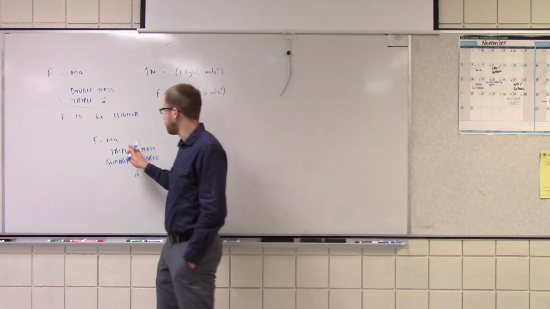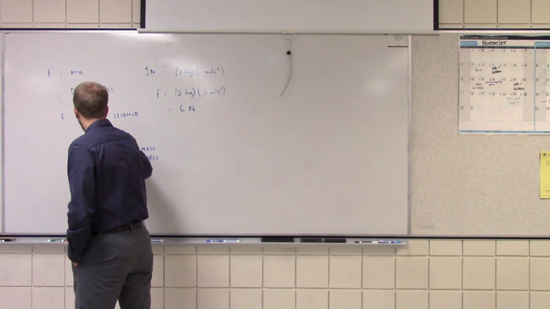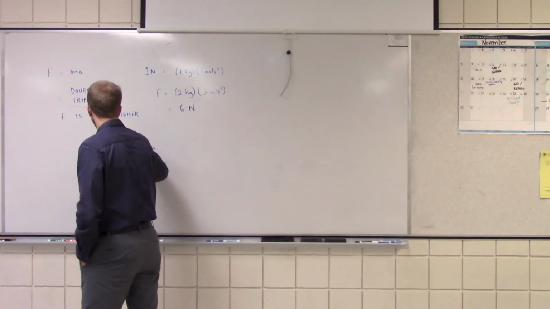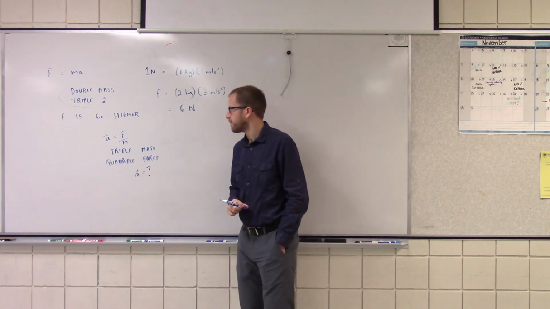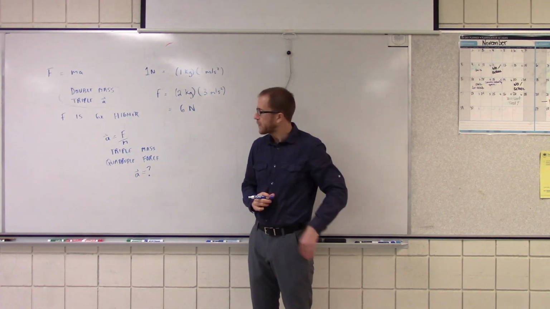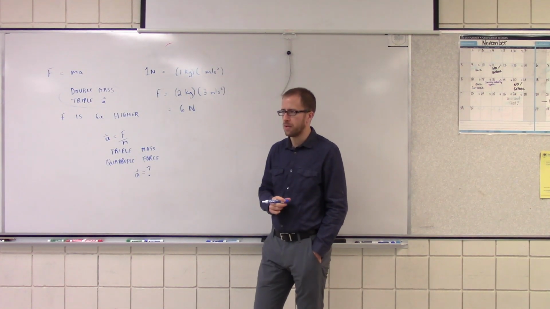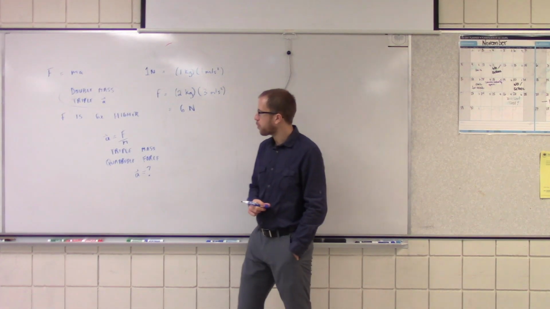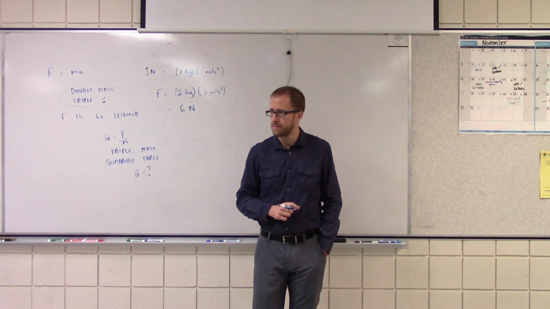So if I rearrange this equation to make it equal to acceleration, we'll have acceleration is equal to force over mass. What impact does mass have on my acceleration? Are they directly proportional or inversely proportional? They're inversely proportional, right?